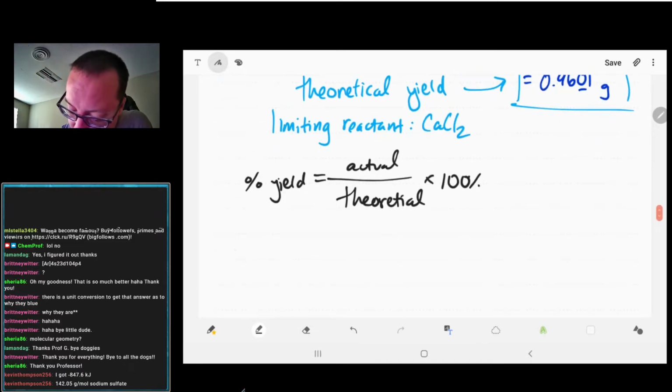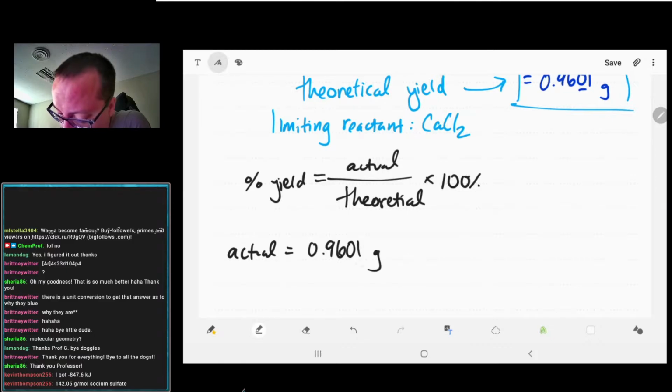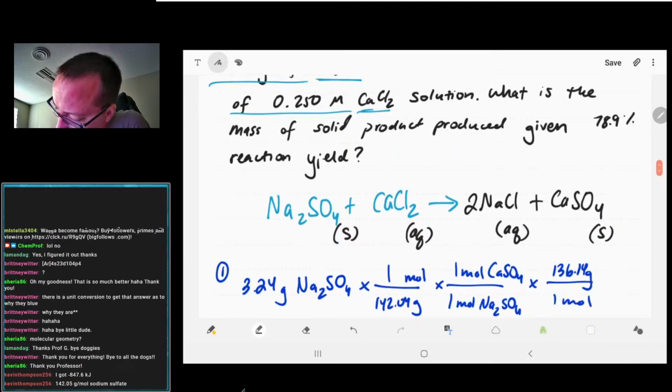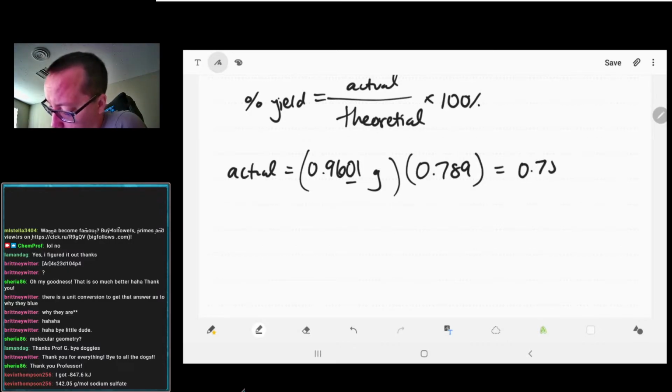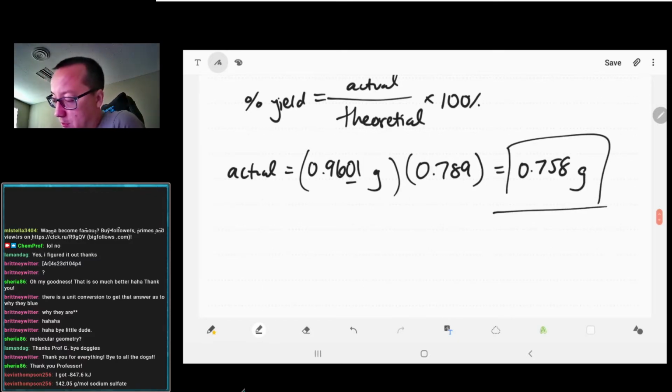So our actual yield for this problem would be 0.9601 grams times 78.9%, .789. And so our real yield would be, this is what our final answer would be there.